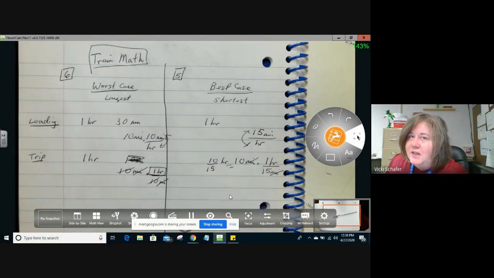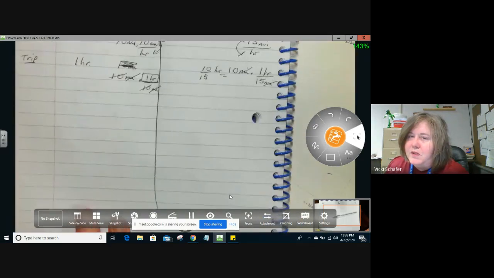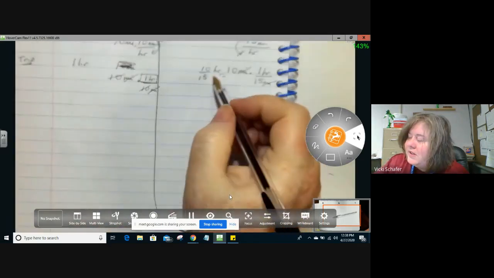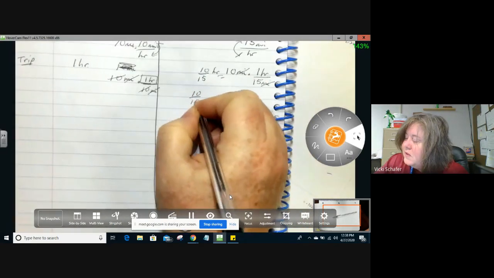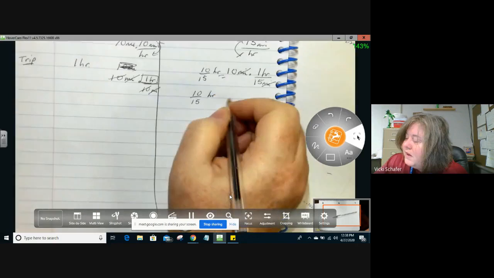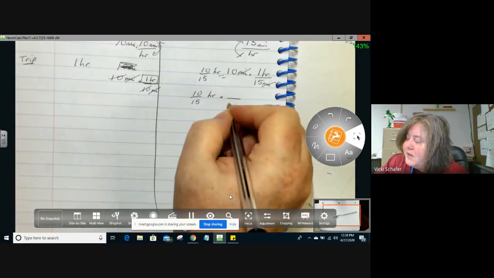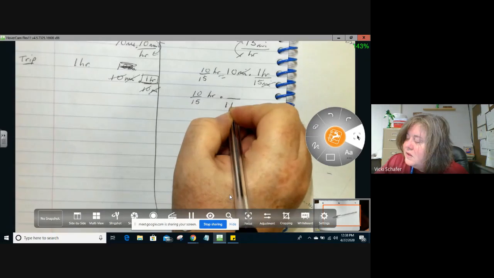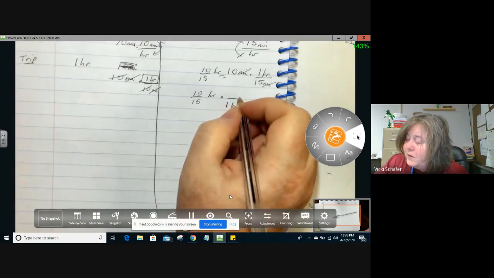That looks pretty ugly. We don't want to leave it like that. What we want to do is convert it into minutes. So if I have 10/15 of an hour and I want to convert it, I know that I need to multiply it by something that cancels with hours.